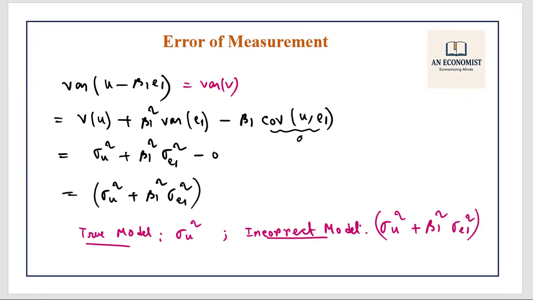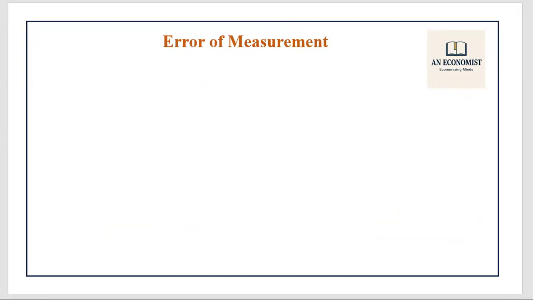But sigma E1 squared is always positive because it is the variance of the measurement error. Beta 1 squared is a square quantity, that is also greater than or equal to 0. So basically this error variance will be higher. Let me write: the error variance is higher due to measurement error.